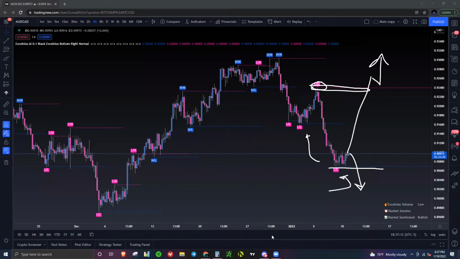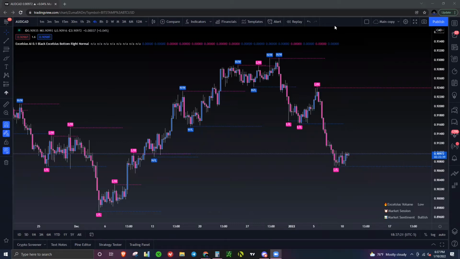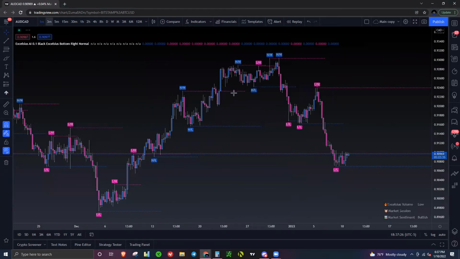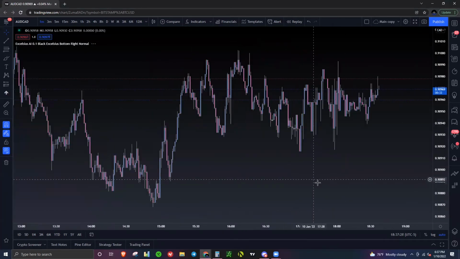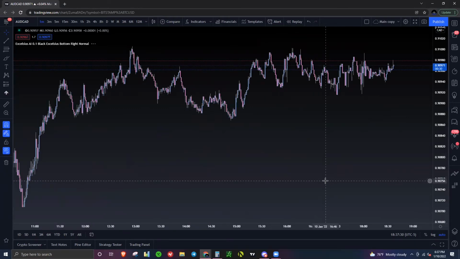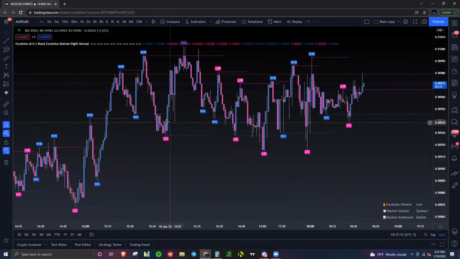Now, the biggest thing to be mindful of when it comes to market structure, when you set the market structure settings, is that you want to look once again at what is happening on the higher time frames. Just because you drop down to the minute time frame here and you see some type of higher low or lower high being broken, that's not necessarily indicative that you can expect this grand move.